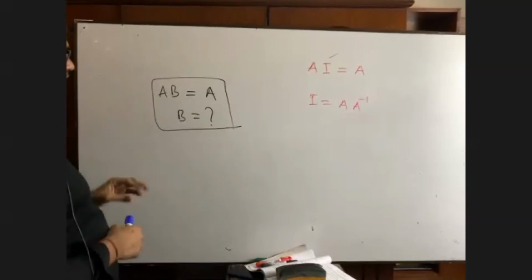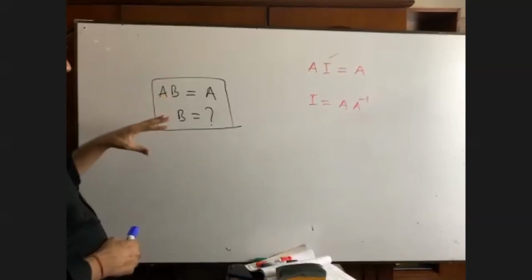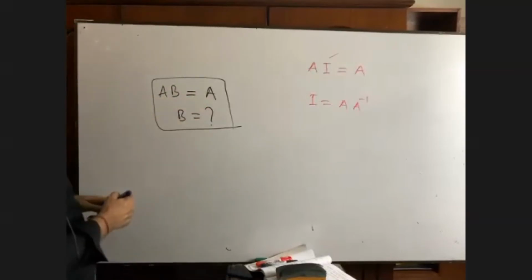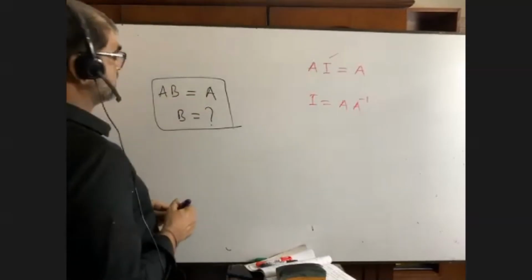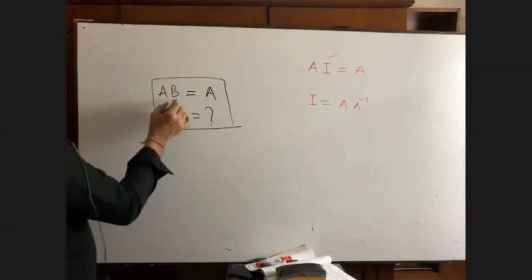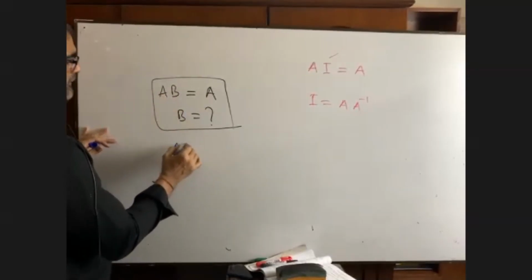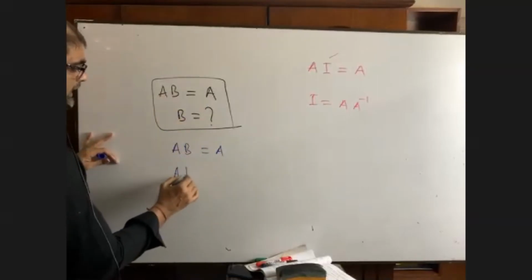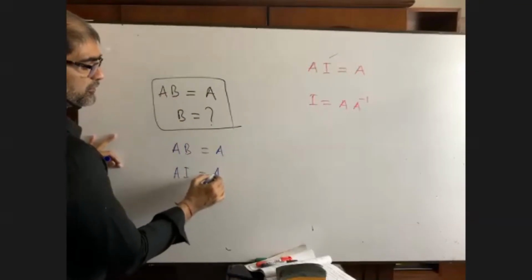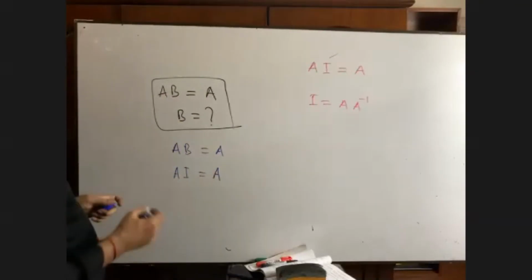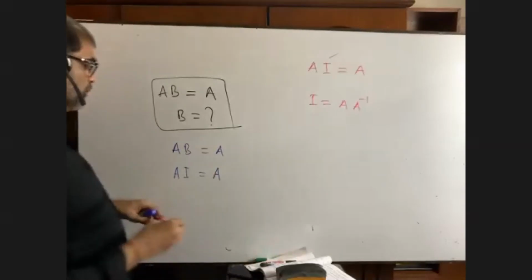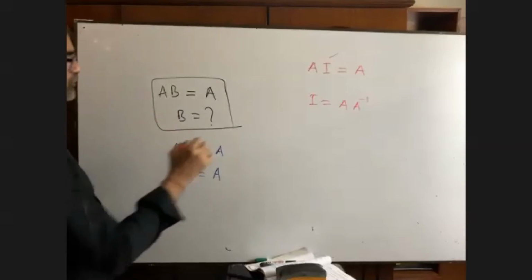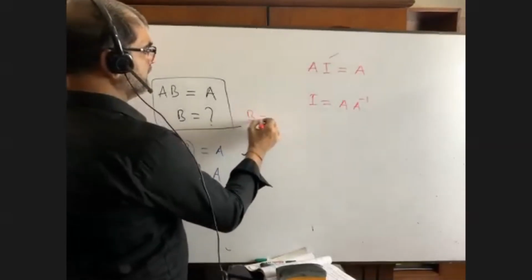Yes, it is I. It is not 1. For matrix, A into 1, then it is A. But when it is matrix, of course, it will be mentioned that it is matrix. You see, AB is equal to A if and only if we get AI equals to A, and there is no other option. Is there any other option? That means what we are getting here? We are getting here the value of B is I. So answer is B equals to I.